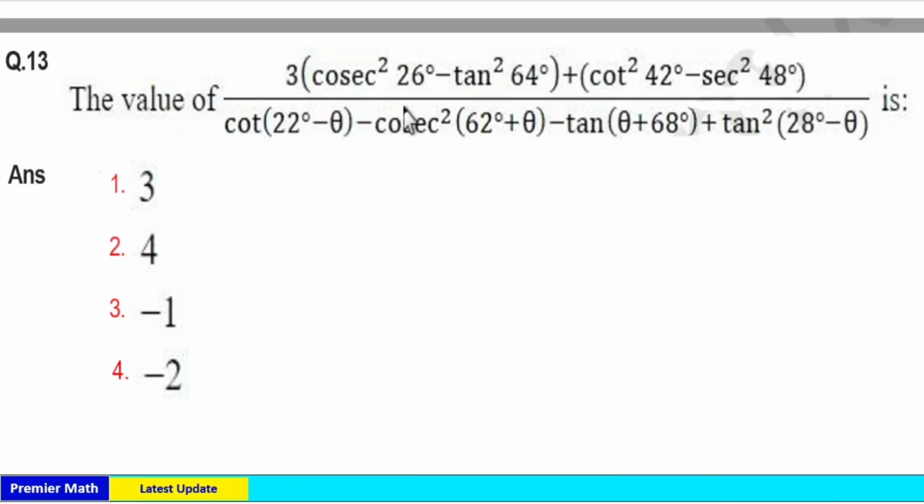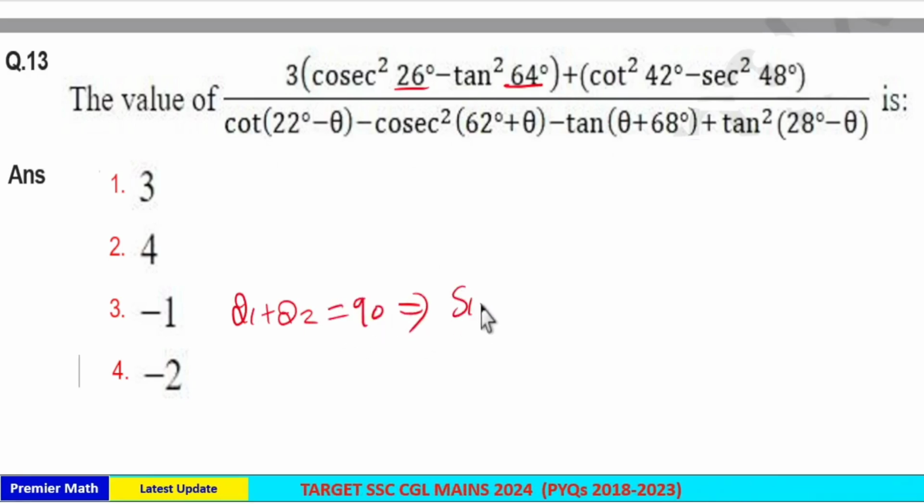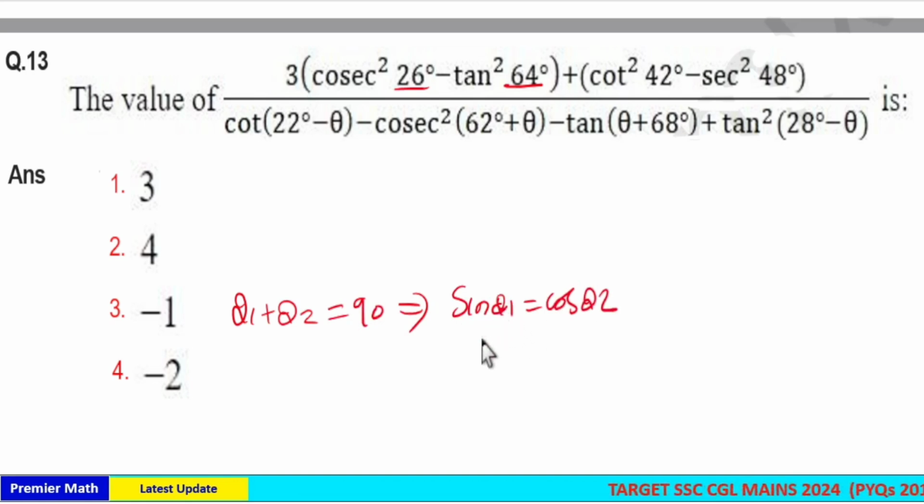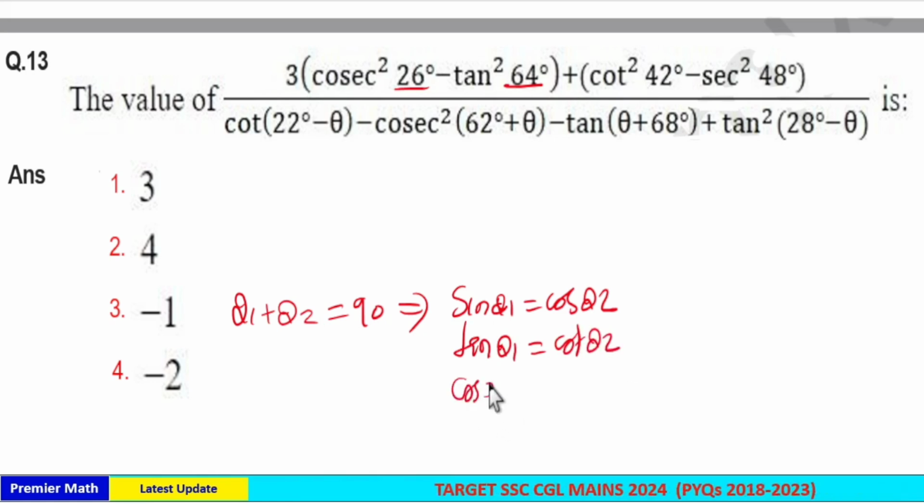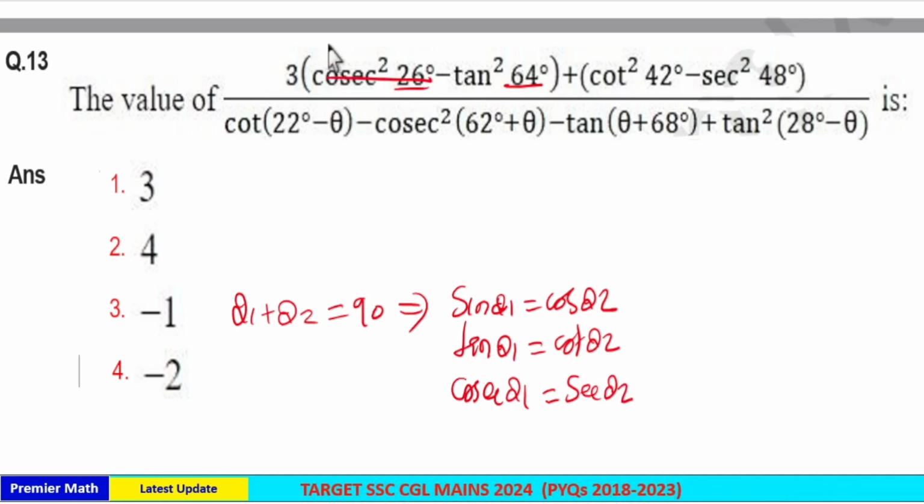The value of the following is, here 26 plus 64 is 90. When theta 1 plus theta 2 is 90 degree, I can write it as sin theta 1 as cos theta 2 and tan theta 1 as cot theta 2 and cosec theta 1 as sec theta 2. Here cosec square 26, I can write it as sec square 64.